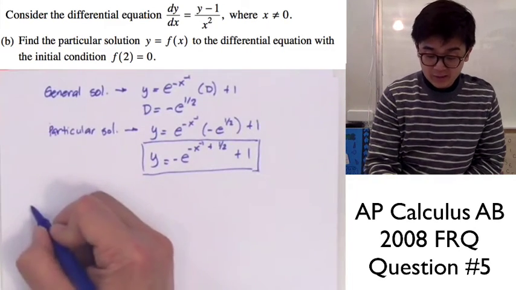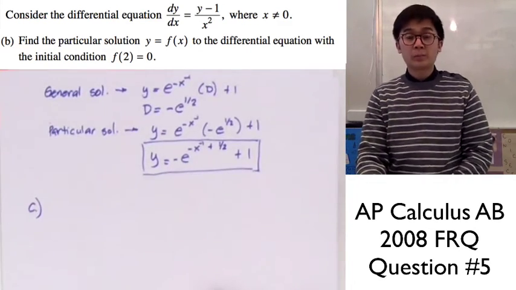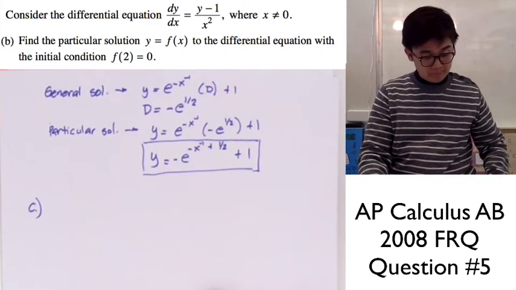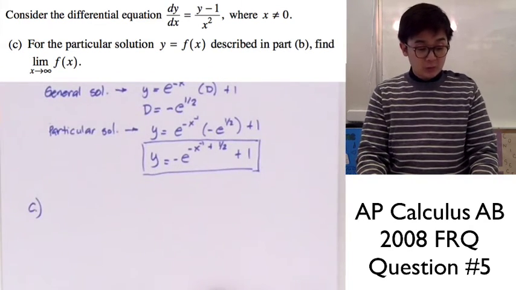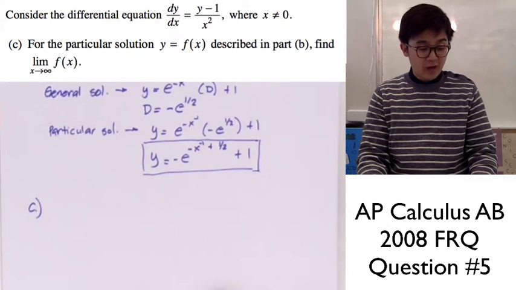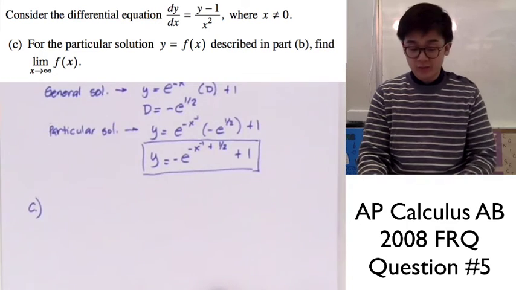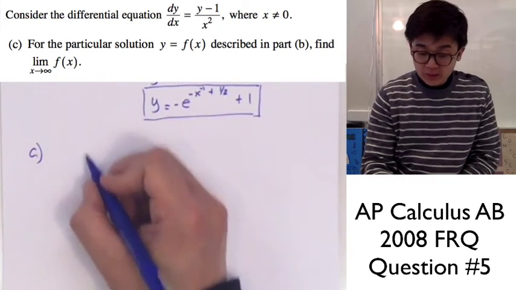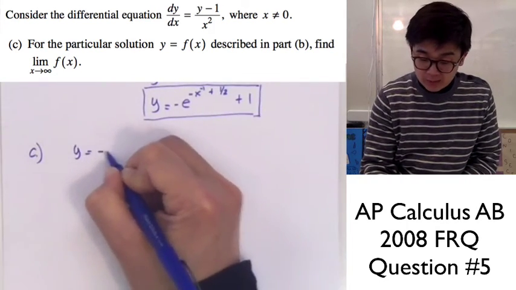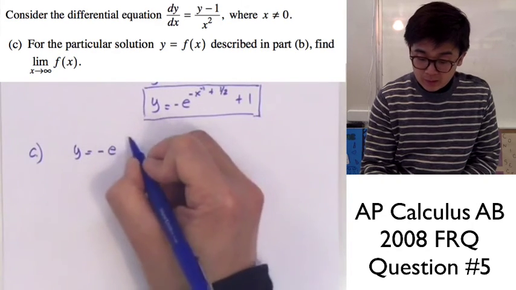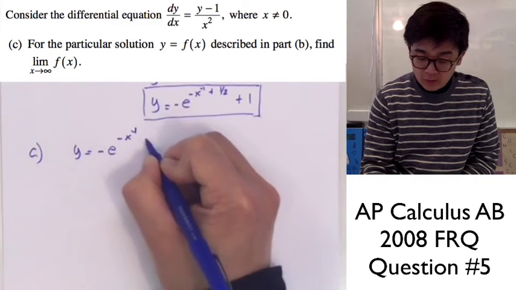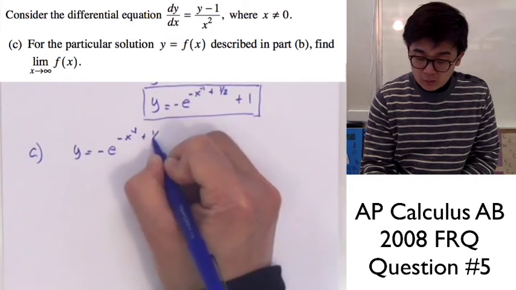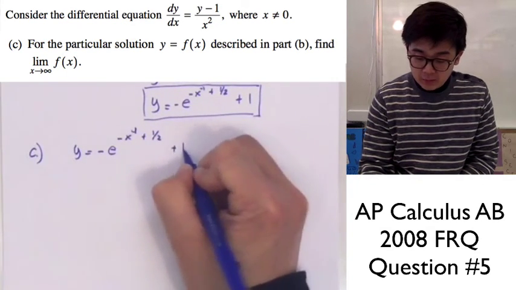Now for question letter C, we're supposed to use the particular solution, y is equal to f of x, and find the limit of f of x as x approaches positive infinity. So our particular solution is y equals negative e to the negative x to the negative 1 plus 1/2, plus 1.